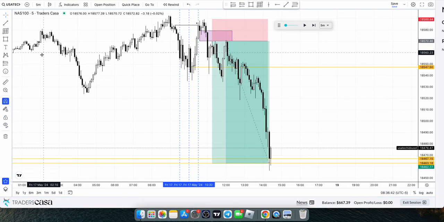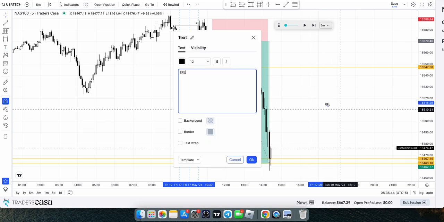But yeah, essentially we used ERL to IRL, aka swing high to fair value up, meaning bias is shorts. 1 hour range, mark discount, fair value up as well.